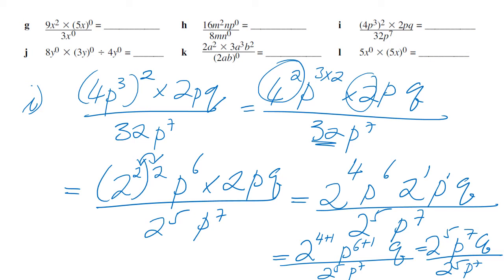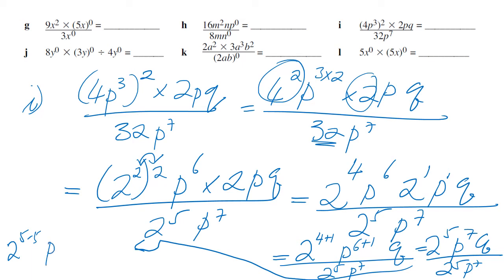Alright, so now see if we can cancel things out a little bit more. I'm running out of space, so I'm just going to finish it here. Alright, so let's group the like terms together. 2 to the power of 5, if I'm dividing it by 2 to the power of 5, you just minus the powers, right?